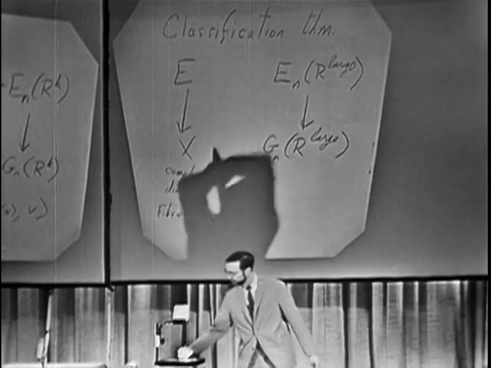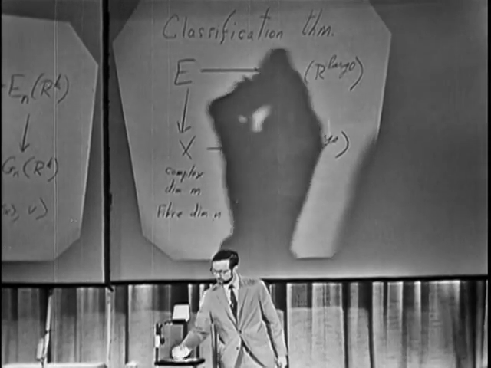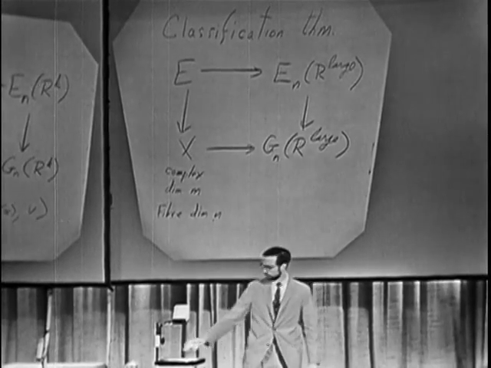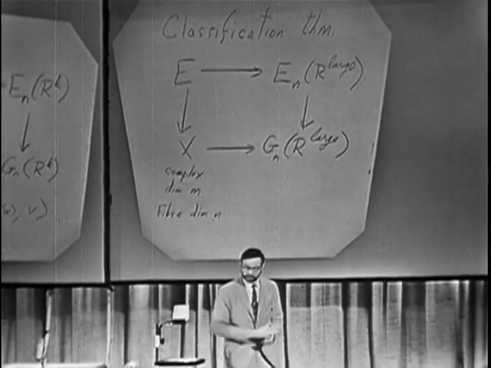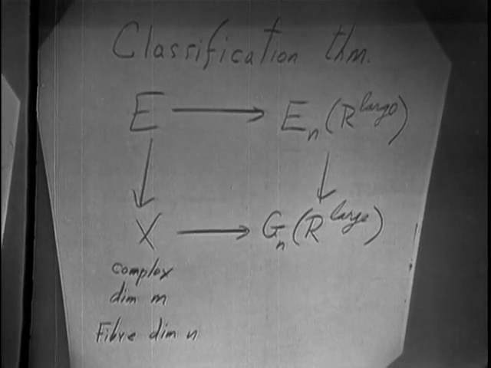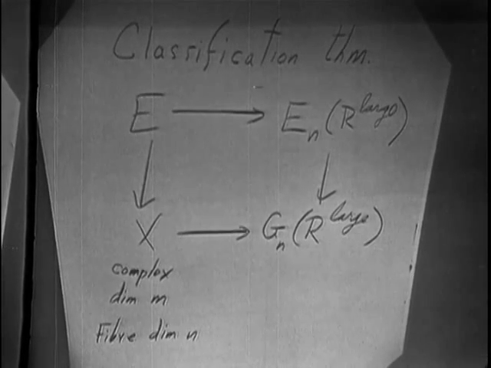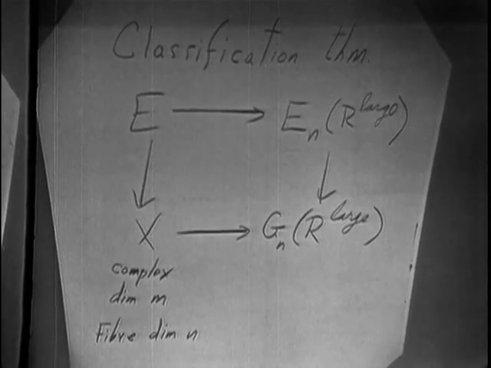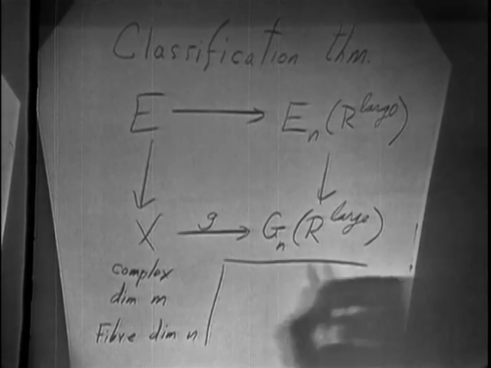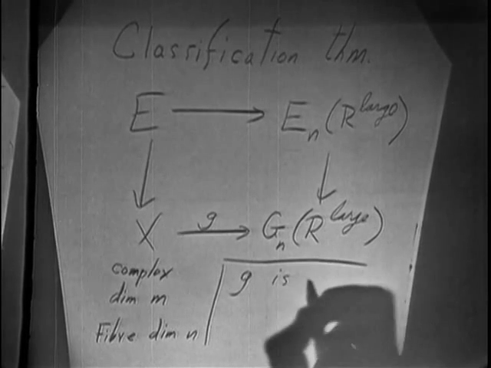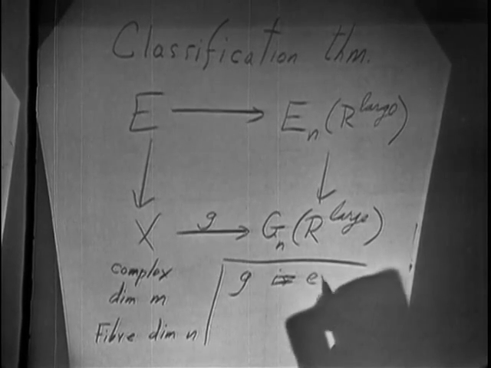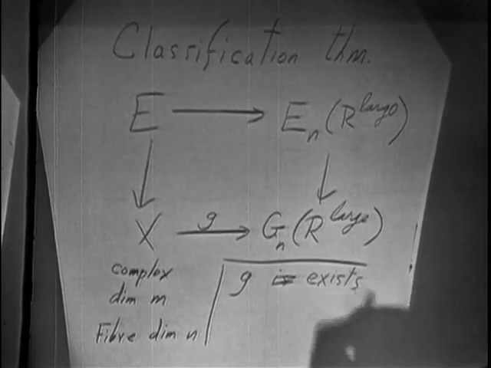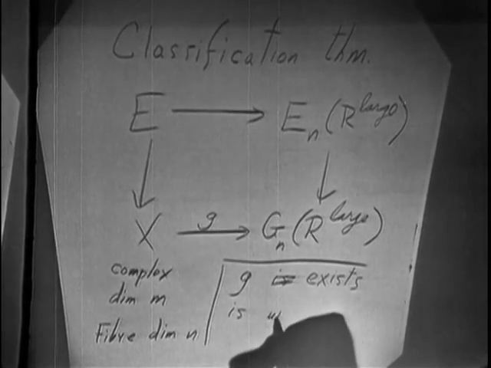It turns out they always exist and are always essentially unique. The Grassmann bundle has the property that any bundle maps into it in a way which is unique up to homotopy. So that this mapping, which I'll again call G, exists and is unique up to homotopy.